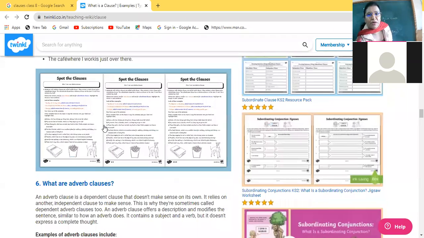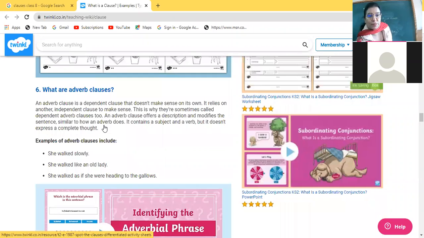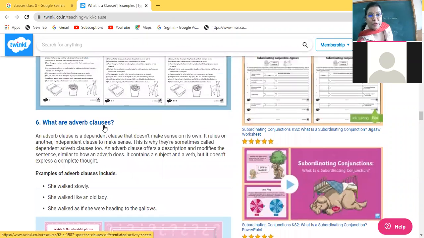Now look here, a noun clause will answer the question what. What is an adverb clause? What does an adverb do? What does it modify? Yes, correct. Now, all of these, noun clause, adverb clause, adjective clause, are not meaningful on their own.